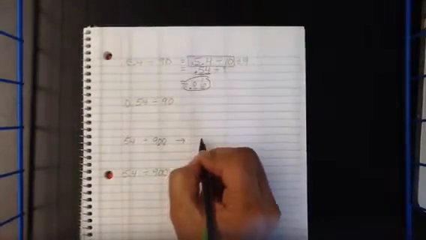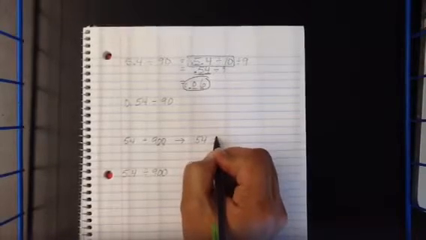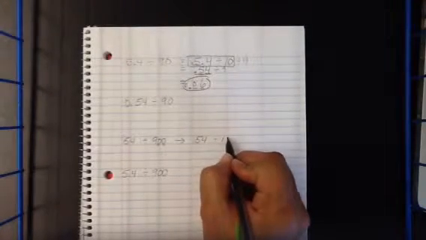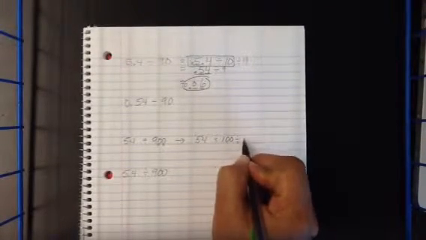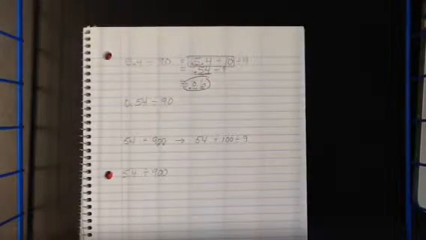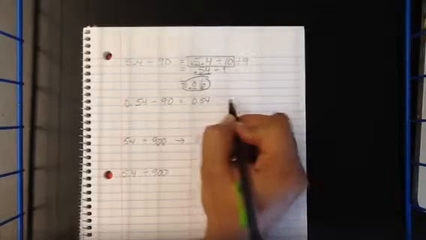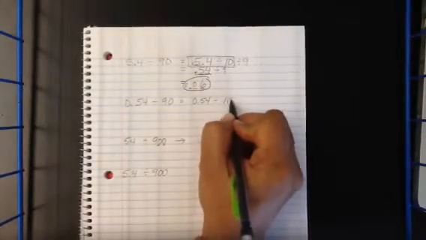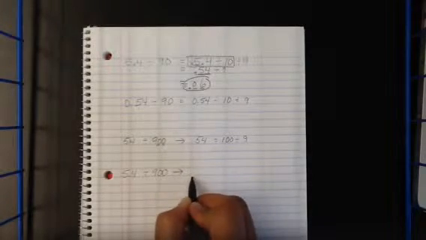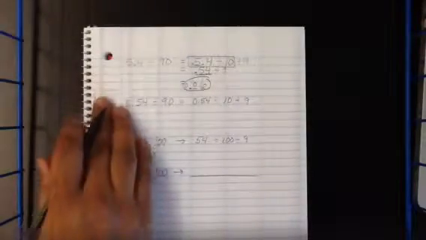This one, don't forget that you want to take apart your 900. Okay, so you might say divided by 100 and divided by 10. Over here we know how to start this. Divided by 10 and divided by 9, all your steps. And you know how to start this one as well. Go ahead and finish this up.